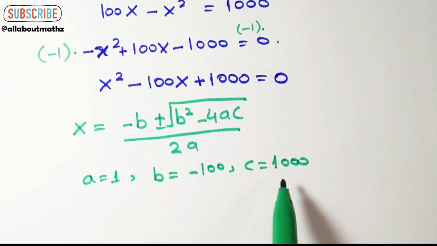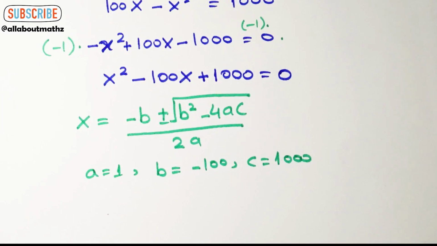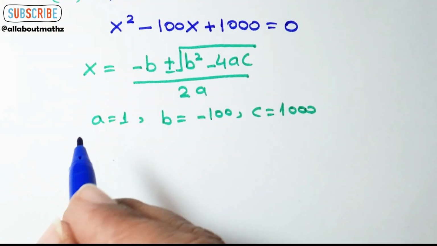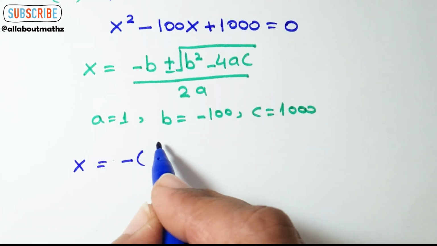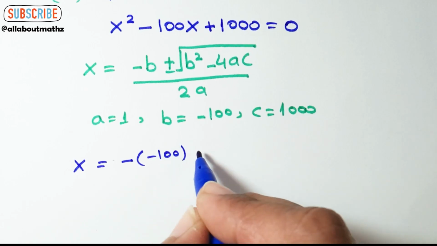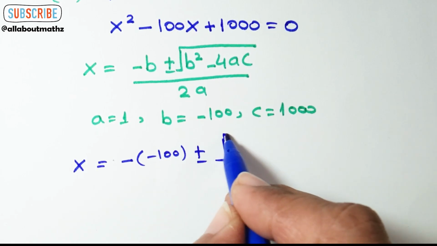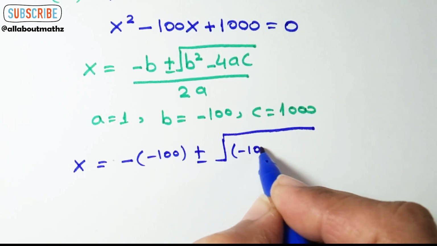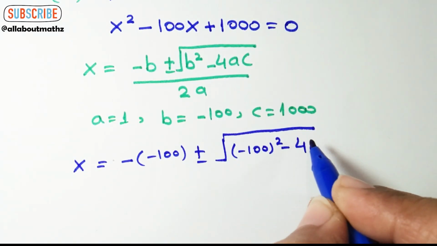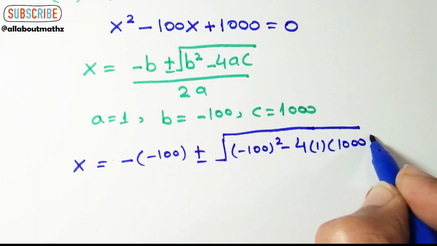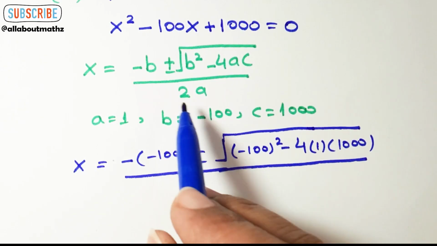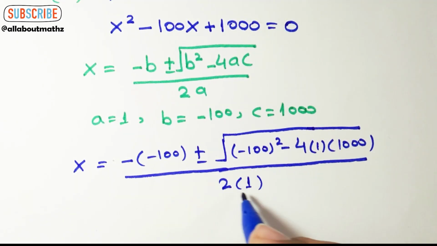So now we will put all these values in this quadratic formula. So x is equal to minus the value of b which is minus 100, plus minus square root of minus 100 square minus 4 into the value of a which is 1 and c which is 1000, and whole divided by 2a, so 2 into 1, because the value of a is 1.